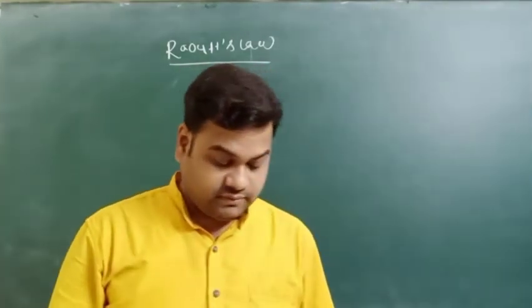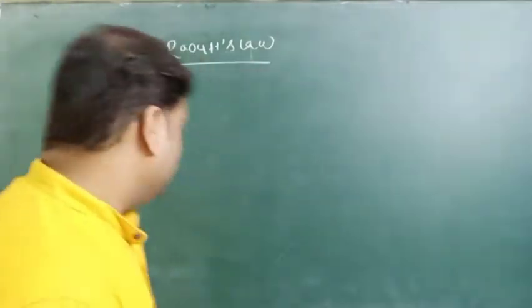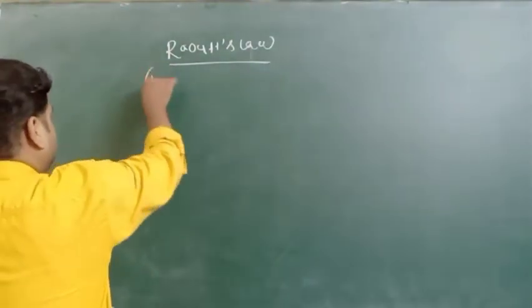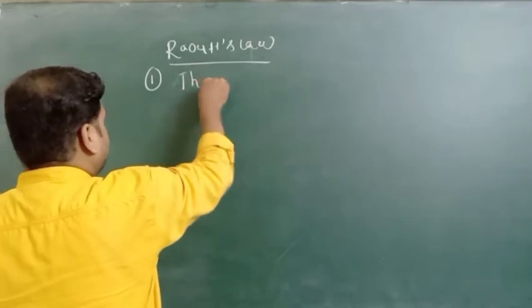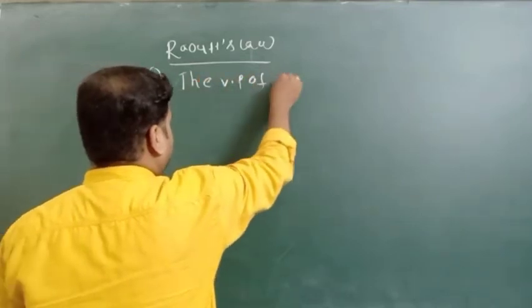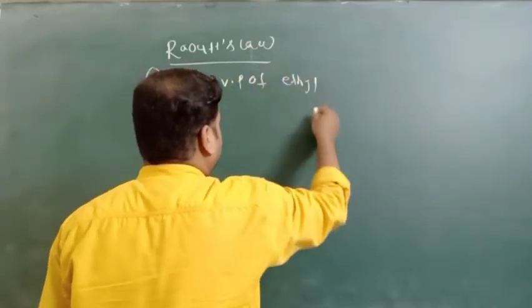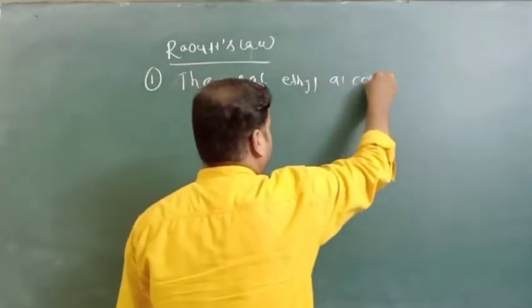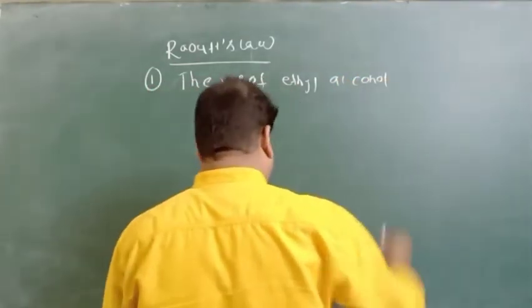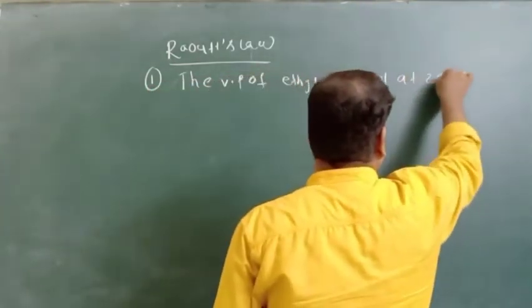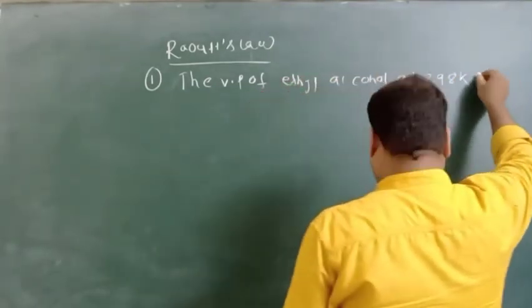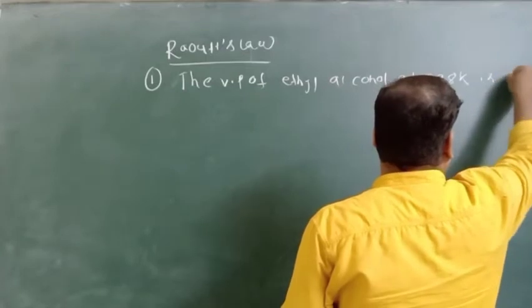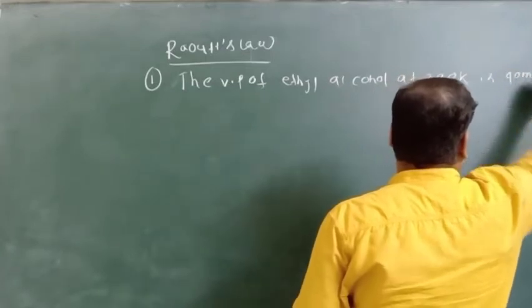First of all, we will write the question. Question number 1: the vapor pressure of ethyl alcohol at 298 Kelvin is 40 mm of mercury.